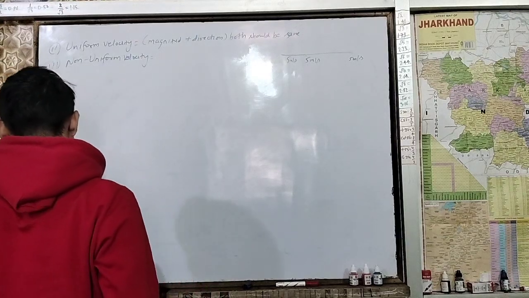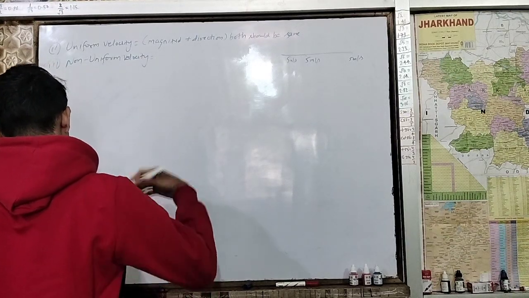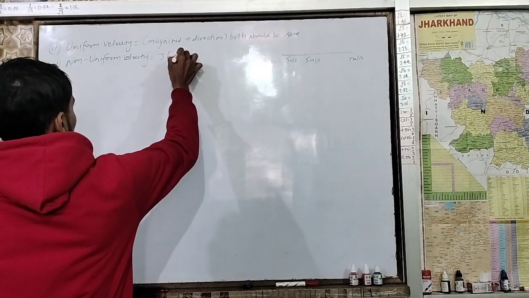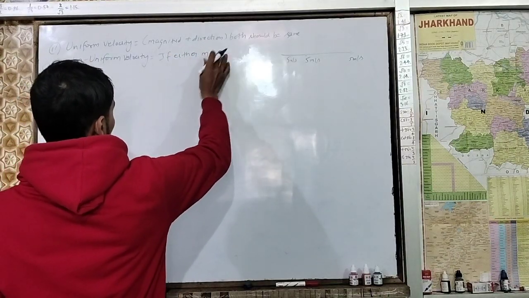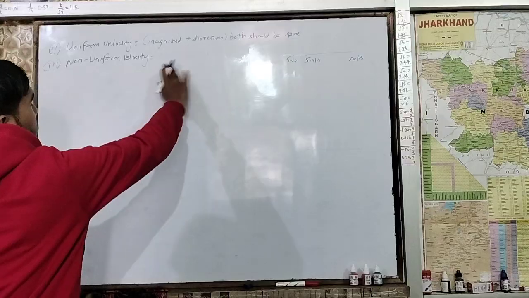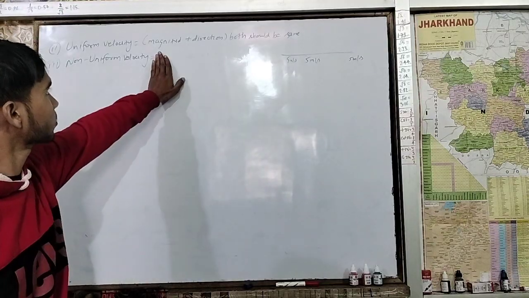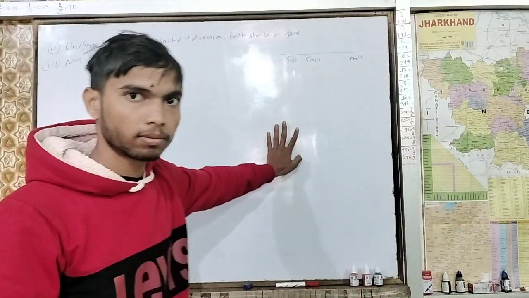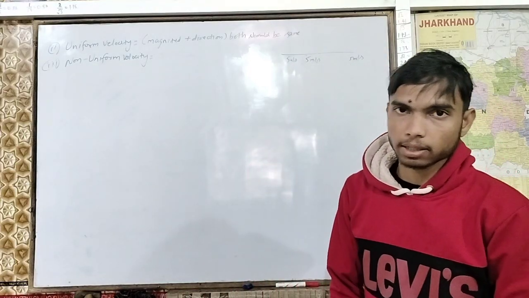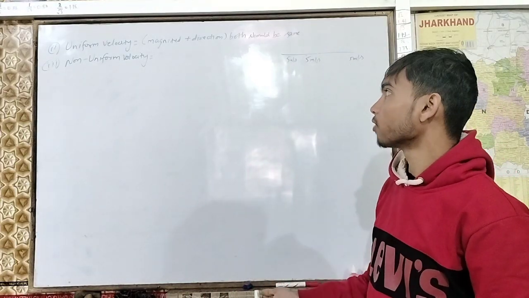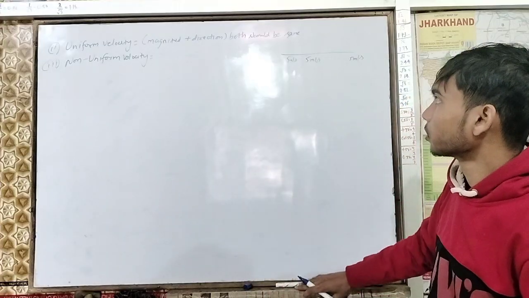Just understand, if magnitude is changing and direction is not changing, we can consider that velocity as a non-uniform velocity.